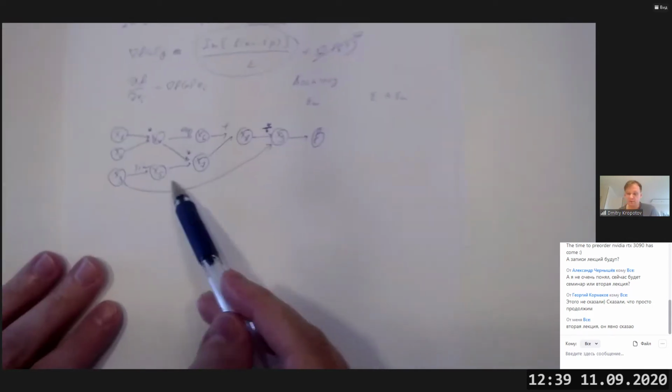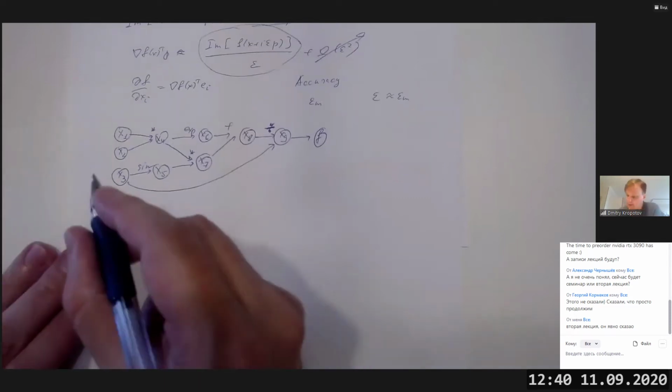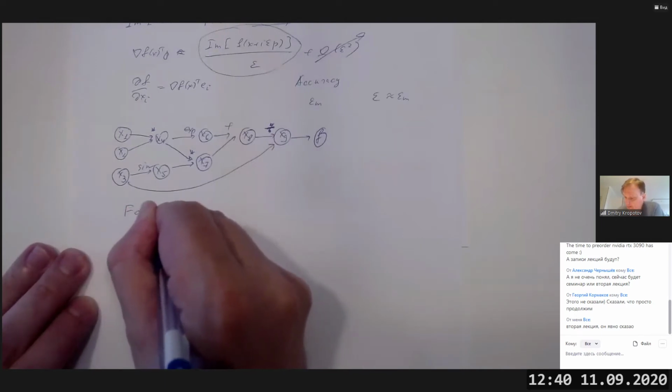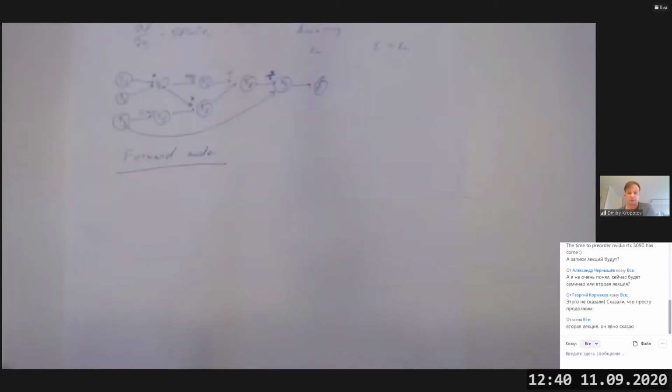Okay, and when you have this, you may now apply what is called the automatic differentiation technique for calculating the derivative. Generally speaking, it has three possible modes: the first is forward mode, the second is backward mode, and the third is what is called cross mode. Let's quickly consider all three cases. The first option is forward mode.